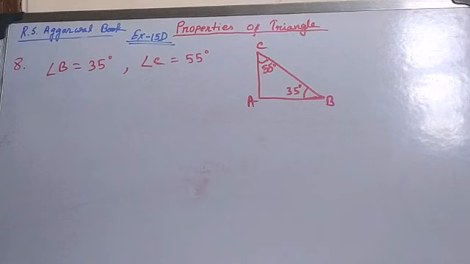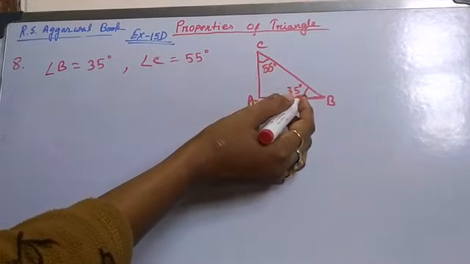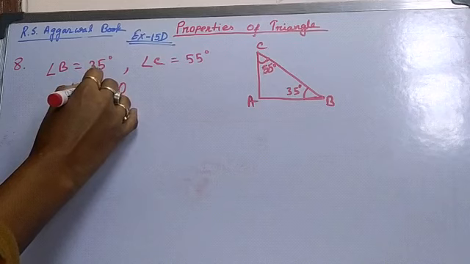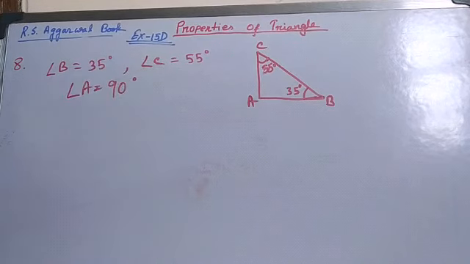Now question number 8. In a triangle ABC, angle B equal to 35 degree and angle C equal to 55 degree. Write which of the following is true. Here I have drawn the figure, 55 degree and 35 degree. So obviously angle A equal to 90 degree. How can we get that?